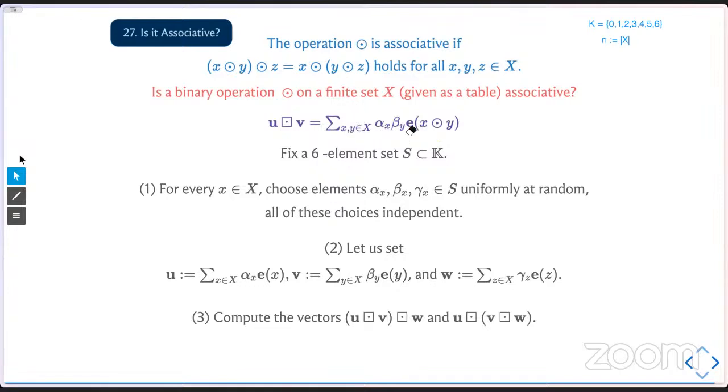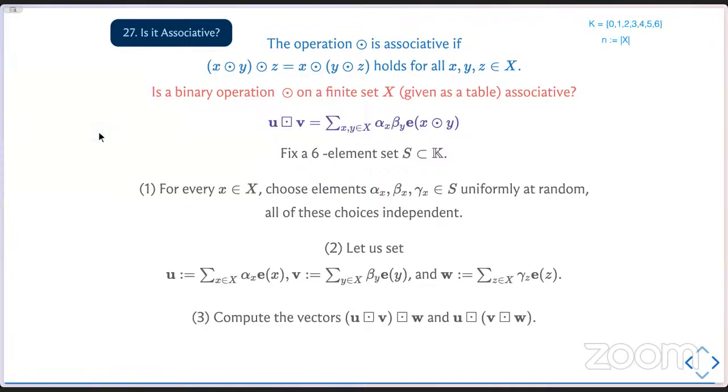That's 4n squared, and then checking if they're equal is n equality checks. So that's order n squared overall. Let me know if you're convinced about the mechanics of this algorithm being just an n squared algorithm, and hopefully it's clear what the algorithm is doing. Okay, thanks. I think I have a go ahead from the chat.